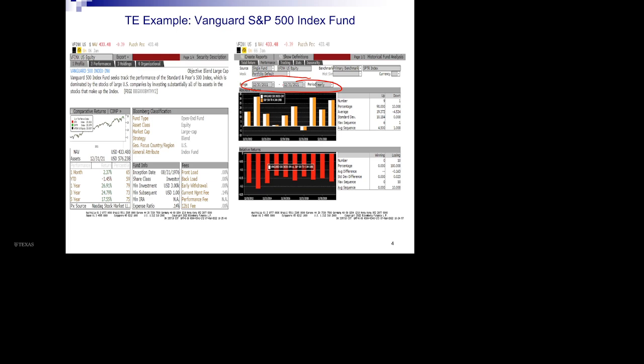And the gold bars is the S&P 500 index. And so you can see right away that for the index fund manager, in this case, the Vanguard fund, the returns are in every period very close to the returns to the index, which is what you would hope for if you actually have a managed index fund.